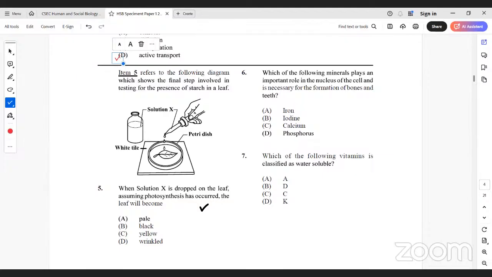The leaf will become what? What color does iodine change, which is solution X? That's what they're telling us, which is iodine. What color does iodine change in the presence of starch? And I hope persons are thinking blue-black is the perfect description of the color, and they have black, so we are going with B.